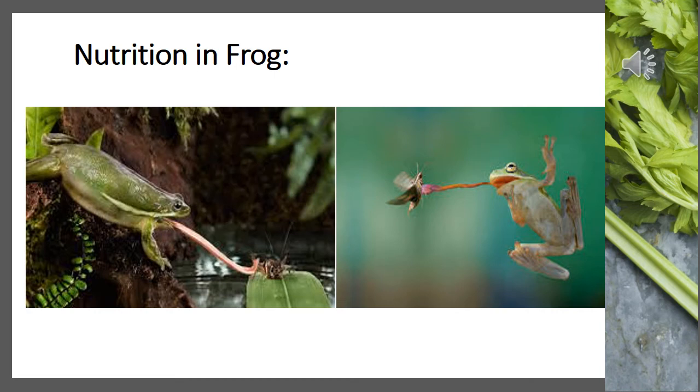As soon as the prey comes near, the frog extends its tongue, catches the prey, say the insect, and pulls it inside the mouth. This process of pulling the insect is very quick. And further, as it has a well developed digestive system, digestion, absorption and assimilation all take place in the body.